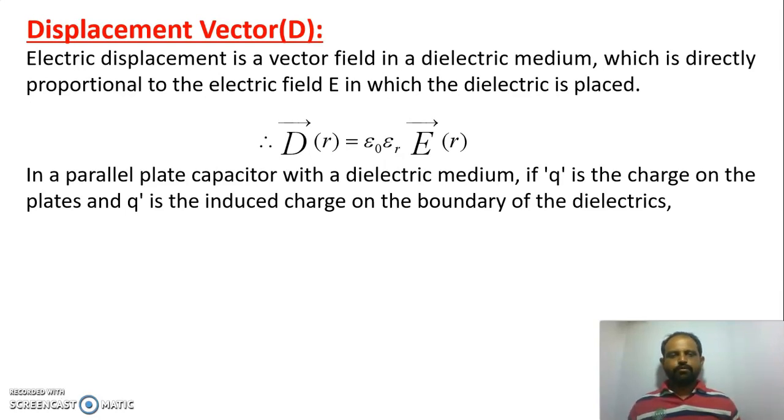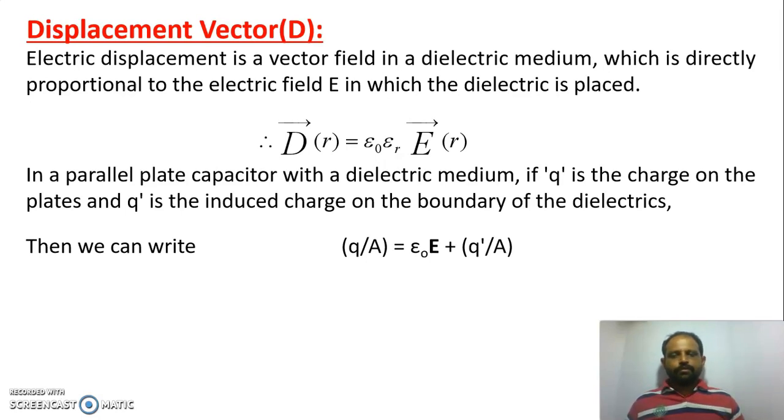So we can write the equation for this case: Q divided by A, where Q is the charge on the plate and A is the area of the plates, and epsilon naught E is equal to Q dash divided by A, where Q dash is the induced charge in the dielectric material and A is the area of the dielectric material.